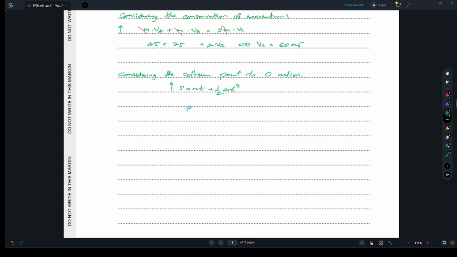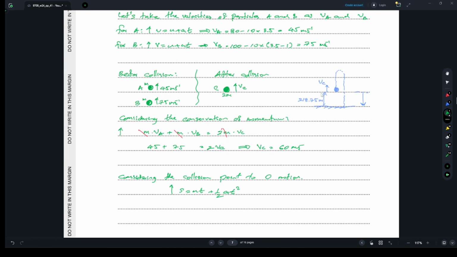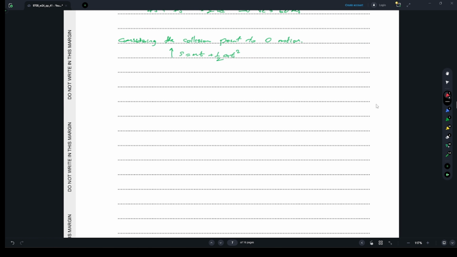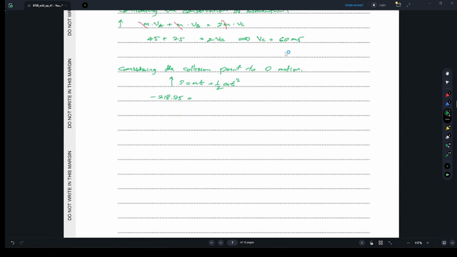So when you reach O, our total displacement is minus, because we can consider that this collision level is our displacement 0, right? So then it should travel negative 218.75, because it's moving below our 0 level. So I should write here minus 218.75 equals, now we found the velocity, which is 60.